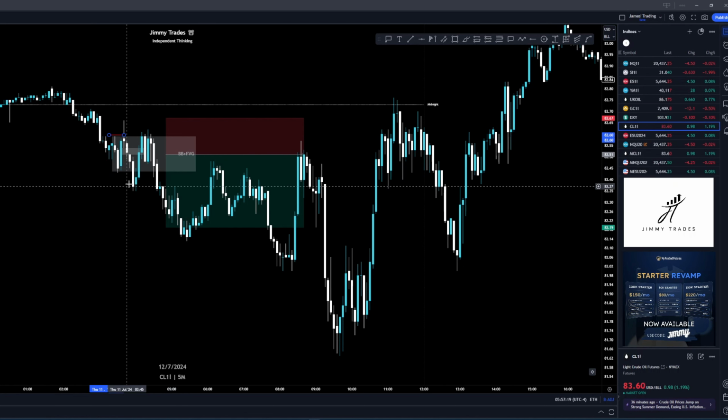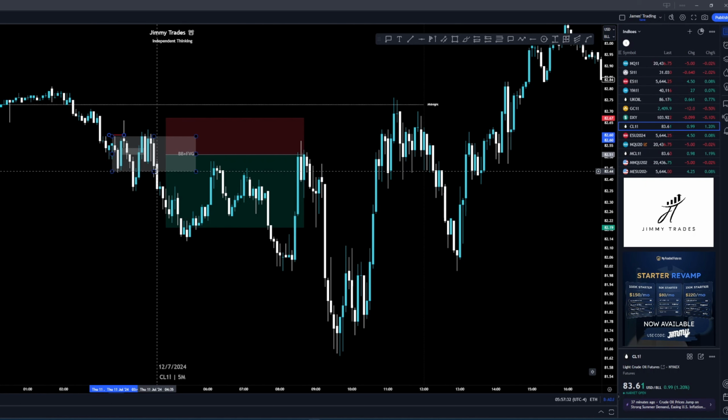Now, what I did for this trade is price displaces through, and I actually missed setting my limit order. I was distracted doing other things, and when I came back to the chart, price had pushed back through here.